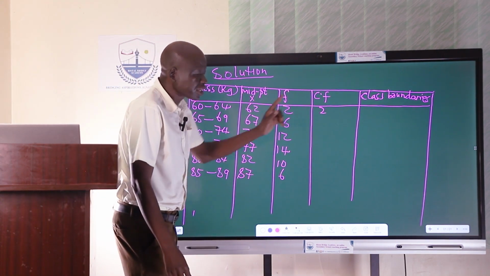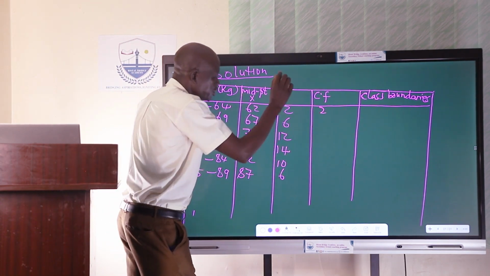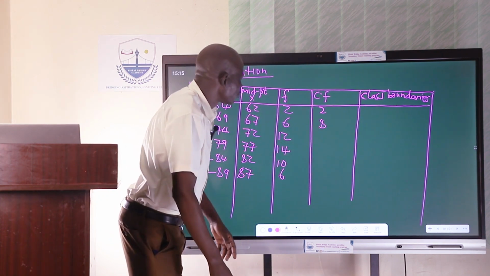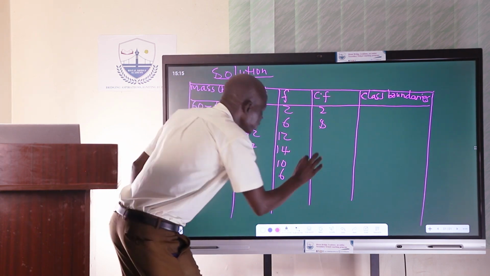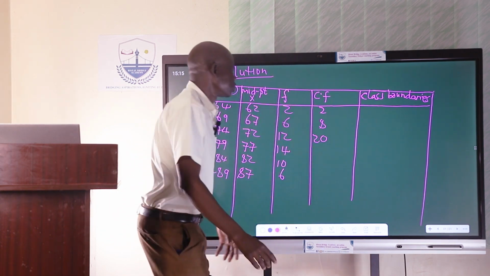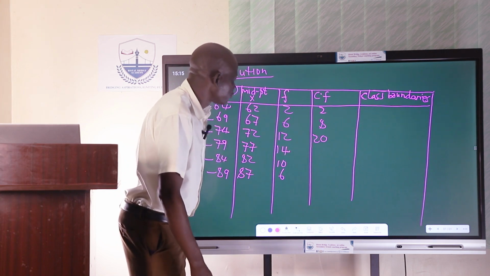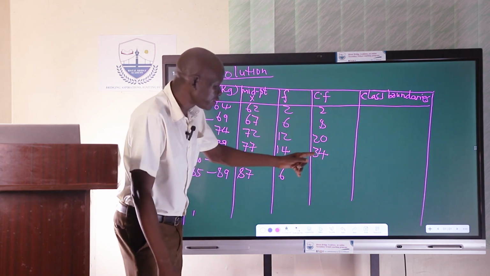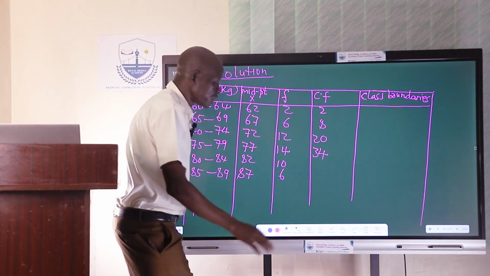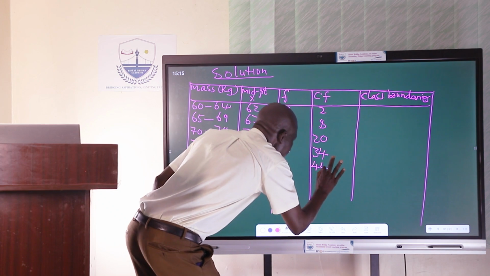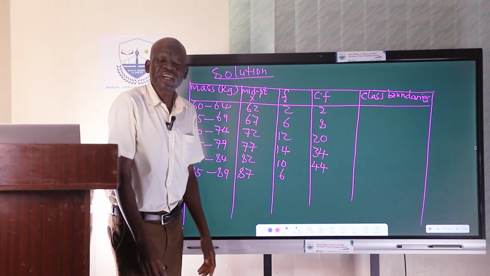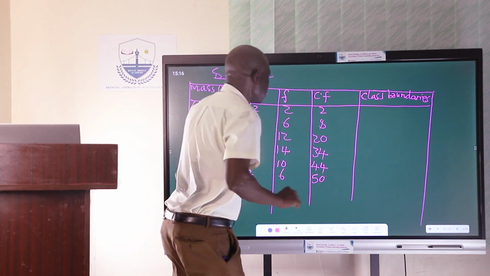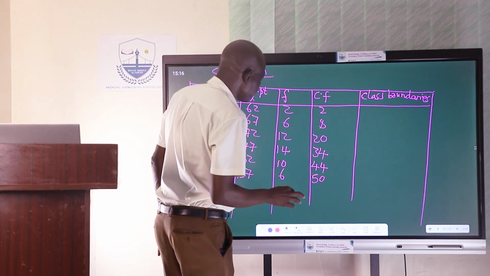Then we add it to the second frequency value. 2 plus 6, we get 8. 8 plus 12, we get 20. 20 plus 14, we get 34. 34 plus 10, we get 44. And 44 plus 6, we get 50. So the last figure here becomes 50.